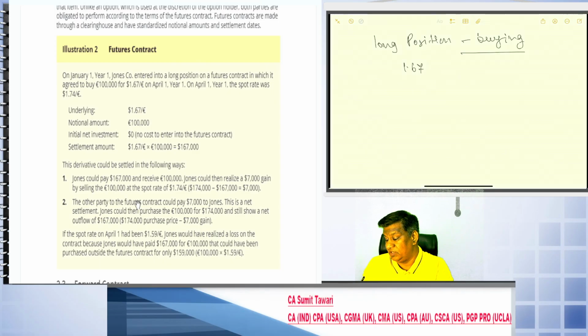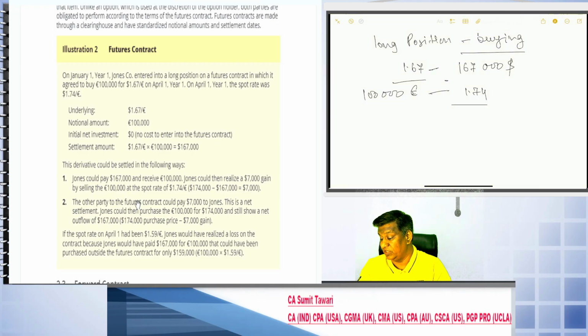So if he buys 100,000 euro at 1.67, he needs to spend 167,000 US dollars. And whatever euro he has, he can sell at 1.74, because he has an obligation to buy at 1.67, but in the open market he can sell at 1.74. So this is basically his purchase amount.